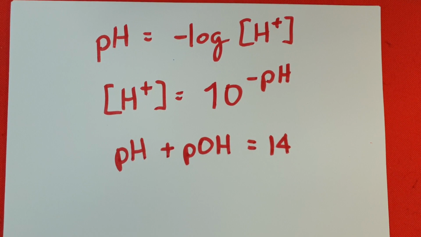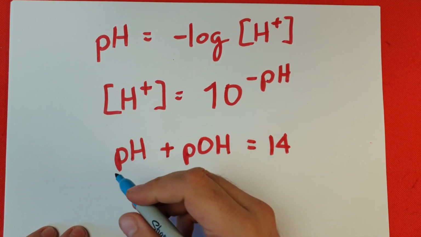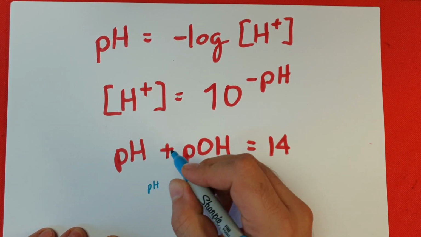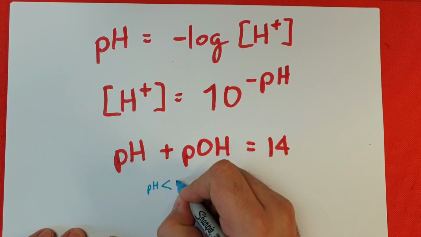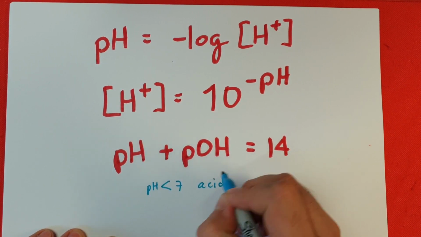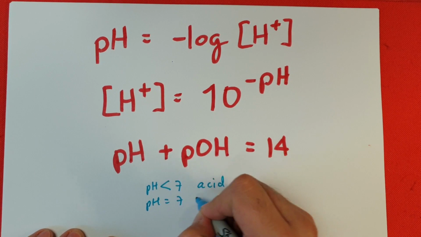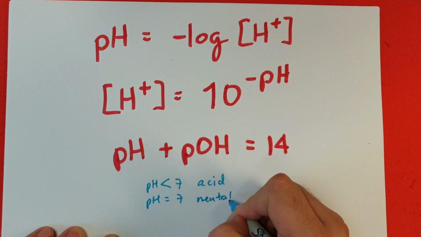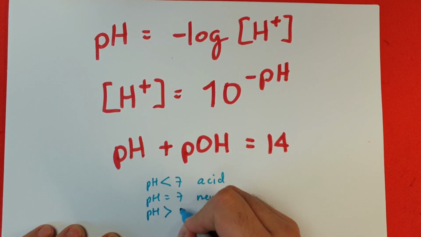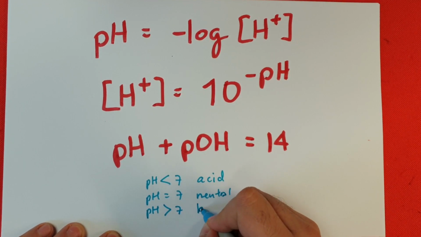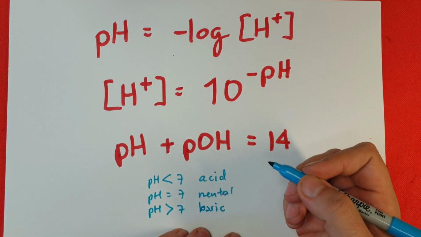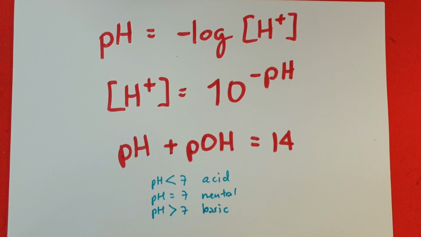But how do we usually learn it when we're being taught? Again, pH less than 7, acid. pH equals 7, neutral. pH greater than 7, basic. But the opposite is true for pOH.